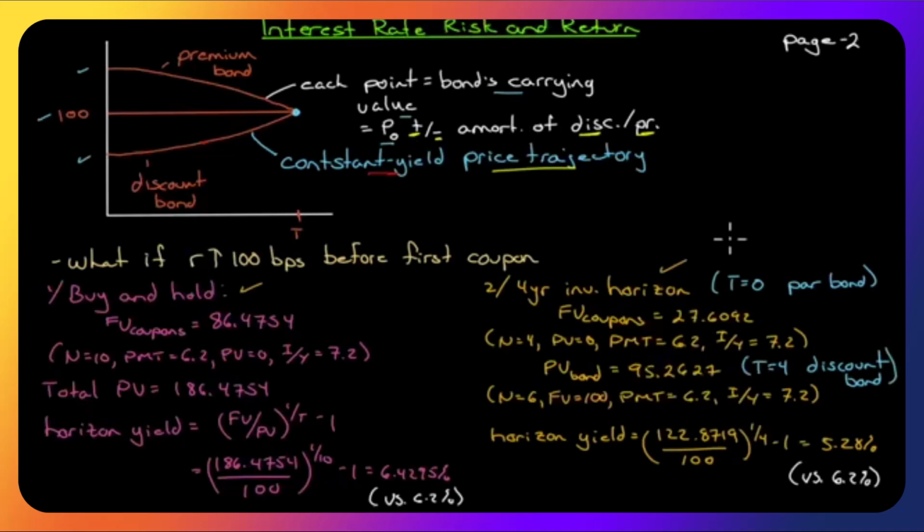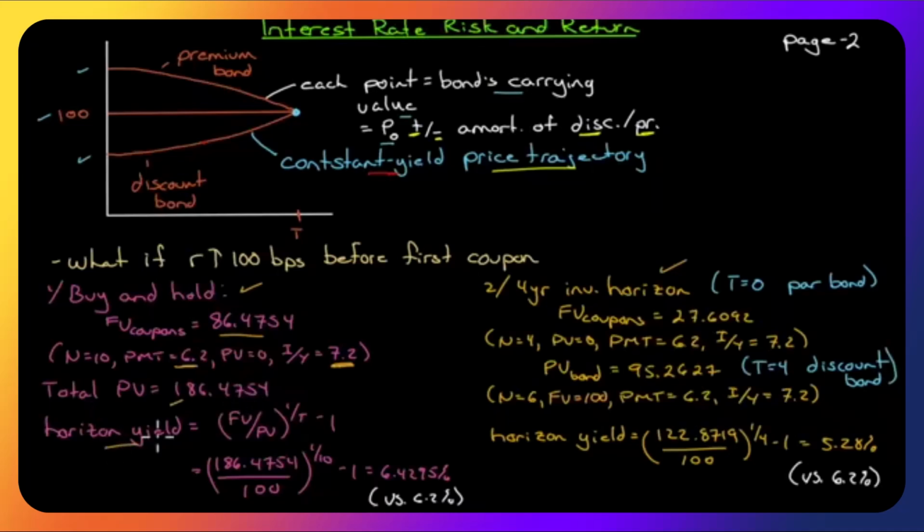So I look at that, I say, well, rates went up. You can reinvest the coupon at a higher rate, period. You're going to have a higher realized yield than the yield to maturity. So the future value of the coupon is 86.4754. Our payment is 6.2. Notice our interest rate factor is 7.2. Total, we add our principal on, 186.4754.